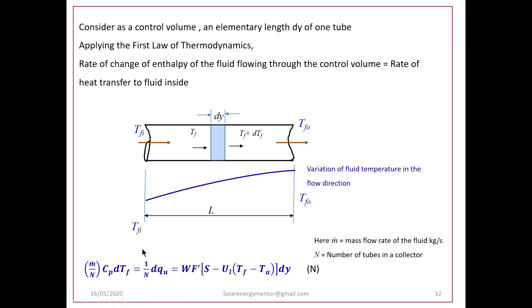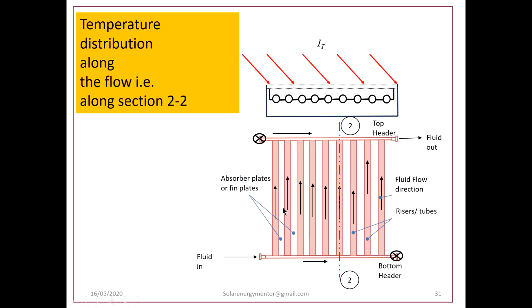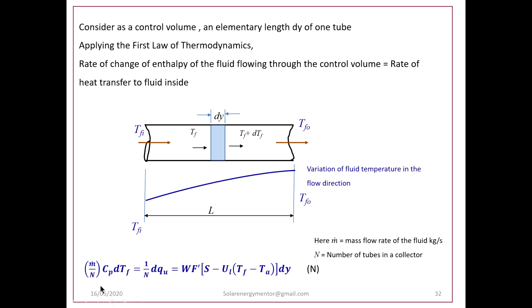Coming back to the analysis of the equation, m dot is the fluid flow rate for the entire assembly. If m dot is the total fluid flow, m dot divided by the number of risers n becomes m dot by n, the flow rate through a single tube.